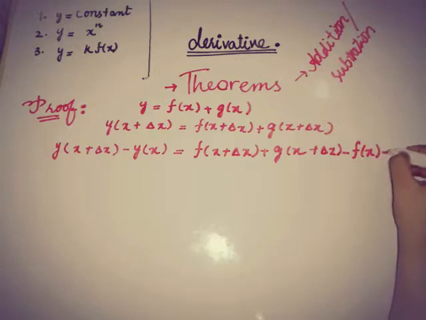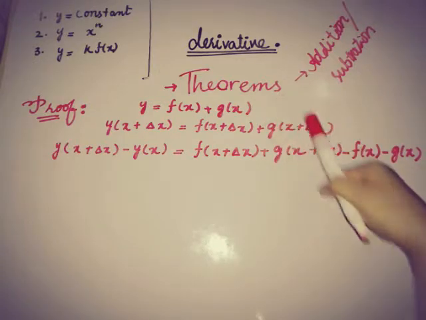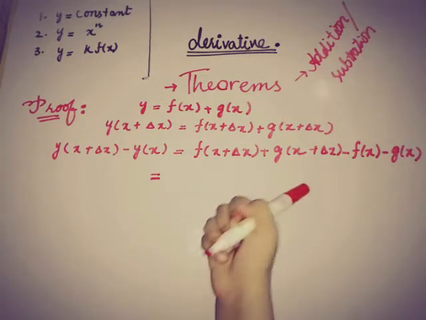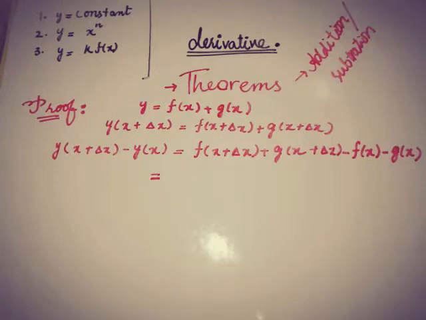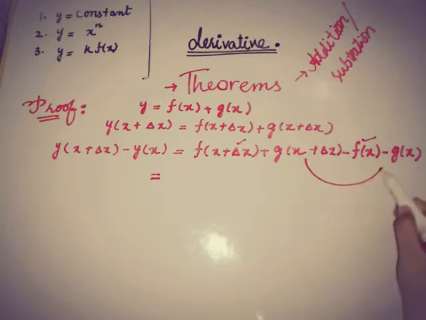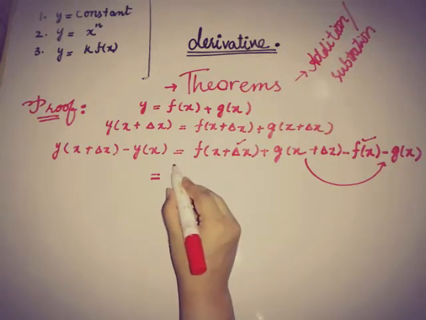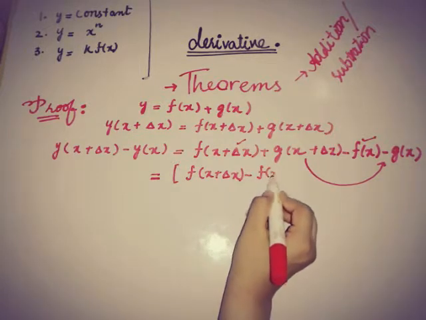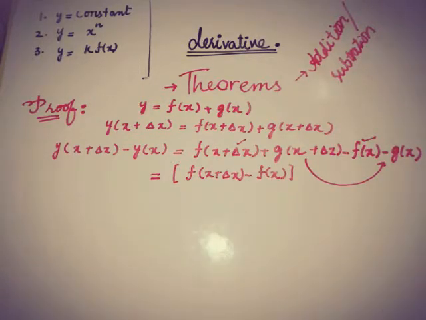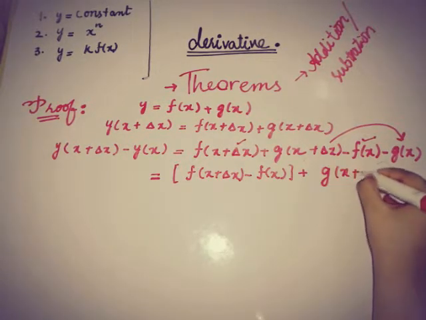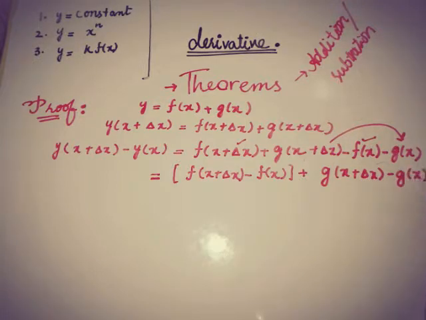f of x minus g of x. By subtracting these two, we get this expression. Now I will write this with this and these two: f of x plus delta x minus f of x, plus g of x plus delta x minus g of x.